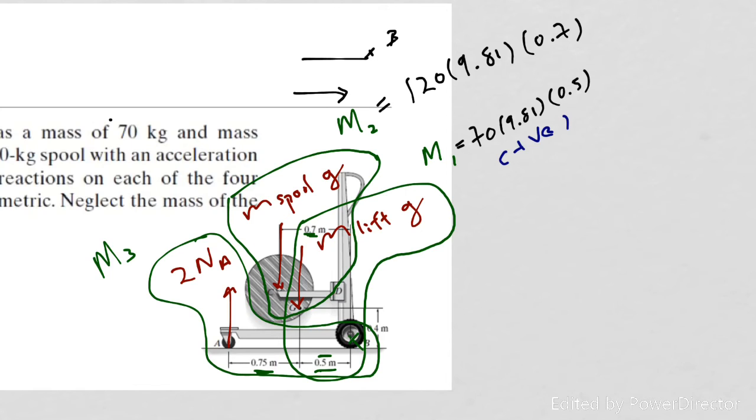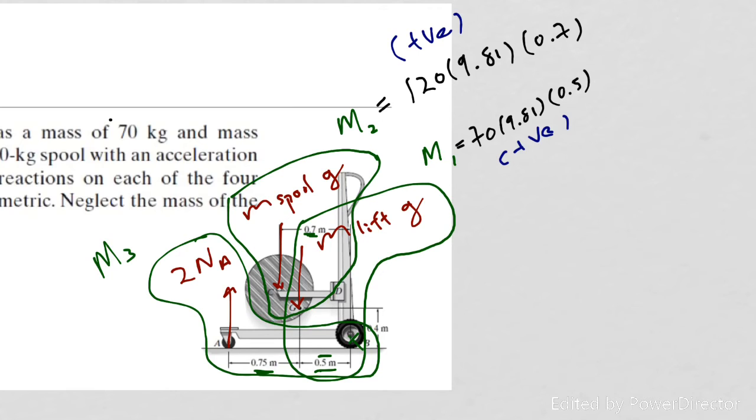Okay, so roughly the animation is like that. So because of that, I will give that also positive. Remember that I declare anti-clockwise is positive.